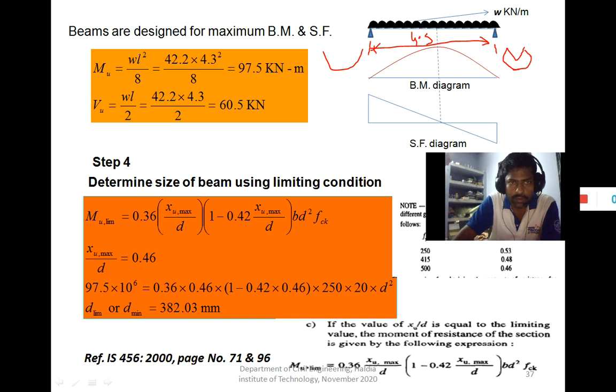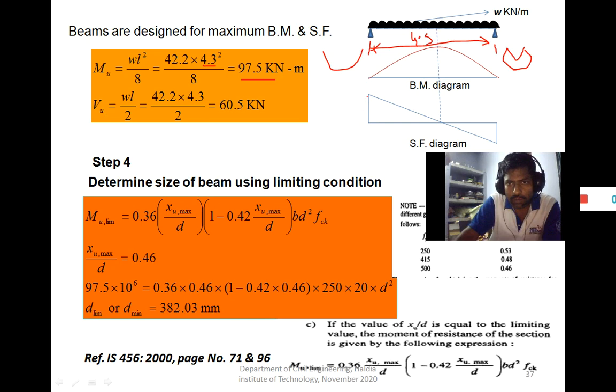L means L effective; the effective span has to be considered, so the effective span is 4.3. We get the ultimate applied moment of 97.5. The shear force varies linearly.